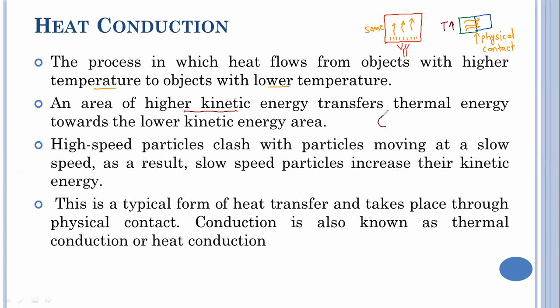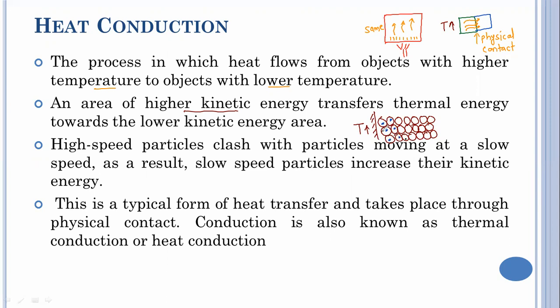So basically, let's say you consider a substance as made up of molecules, right? All substances are made up of molecules. Kinetic energy is a function of what? Temperature. Let's say this end is at higher temperature. So the kinetic energy of these molecules will be higher, right?